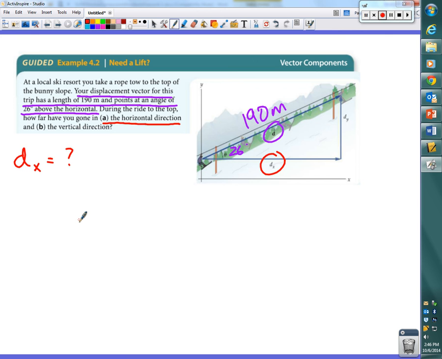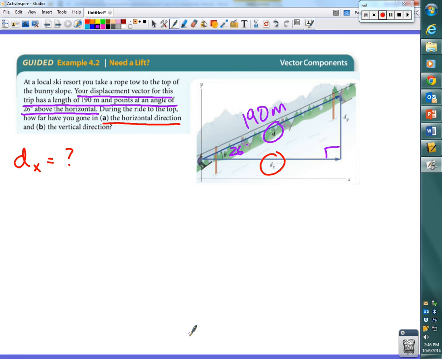What does this angle right here have to be? That one has to be 90, because we have an x and a y, and they're perpendicular to each other. So we have a right triangle where we know the hypotenuse and one of the angles.